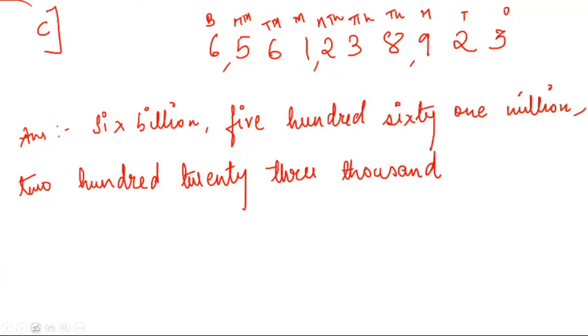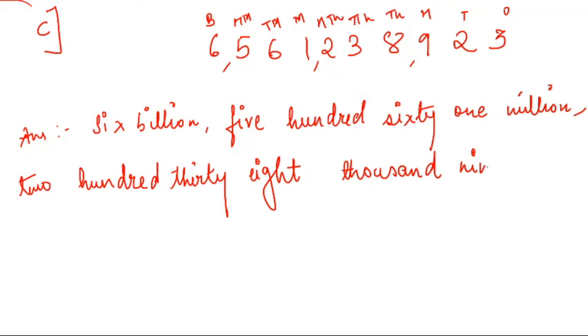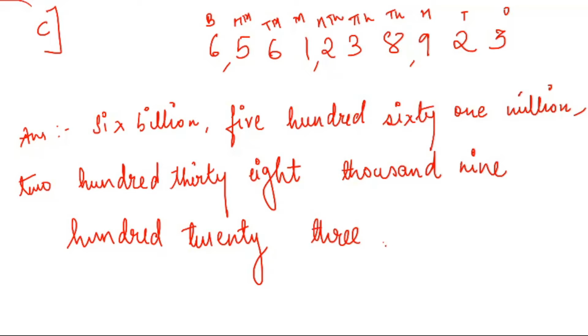Sorry, it's 38,923. Okay, 6,561,238,923. This is the way of writing commas in the international system.